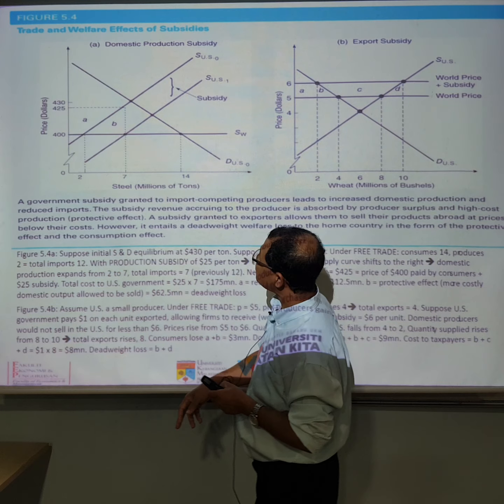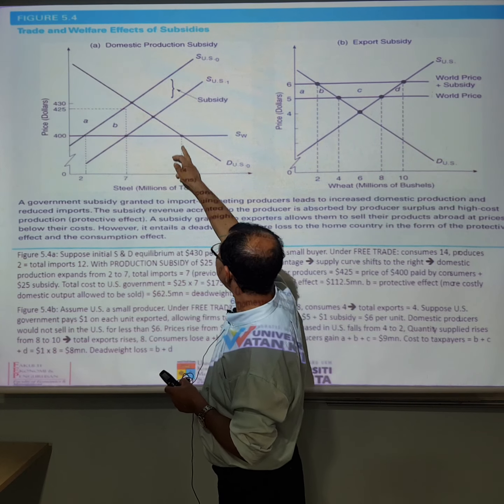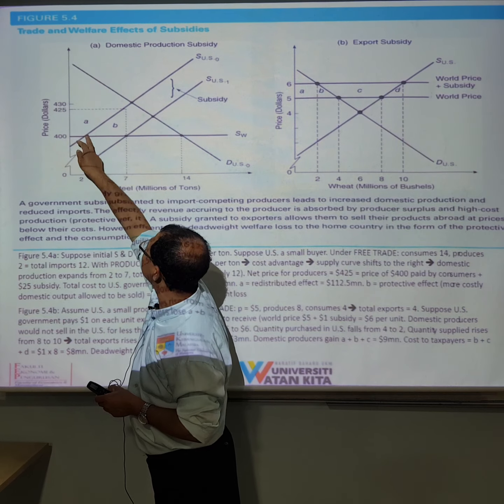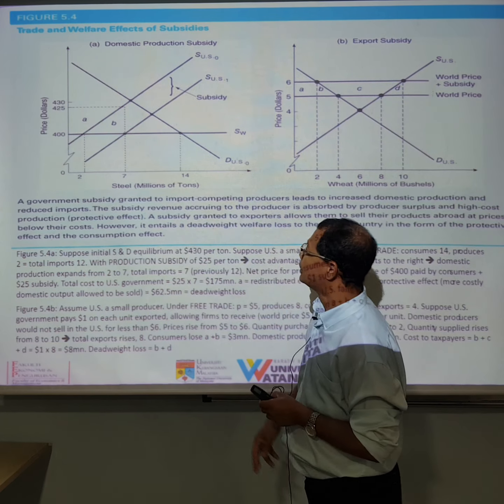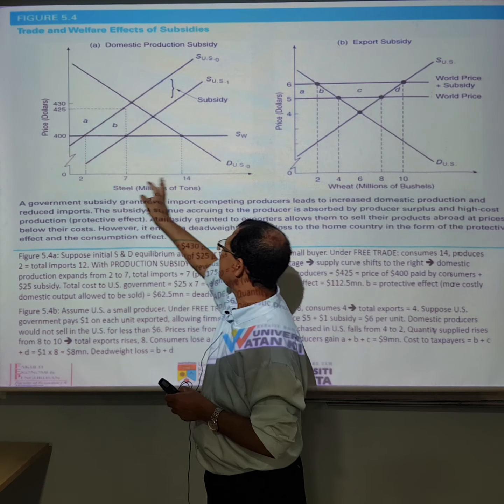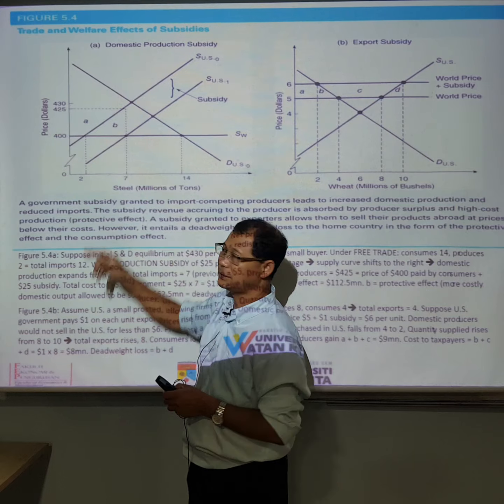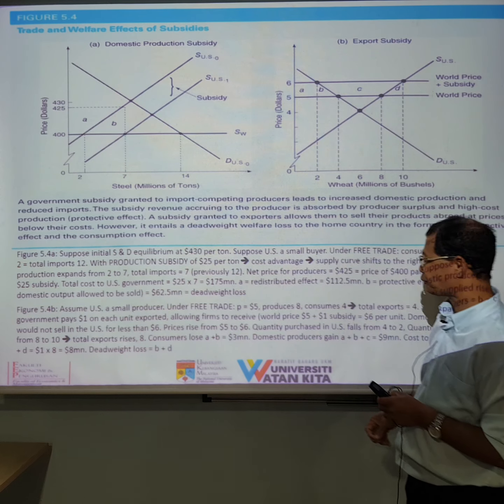The United States consumes 14 and produces 2. So 12 is the import. It consumes 14, produces only 2, so 12 is the total number of imports.